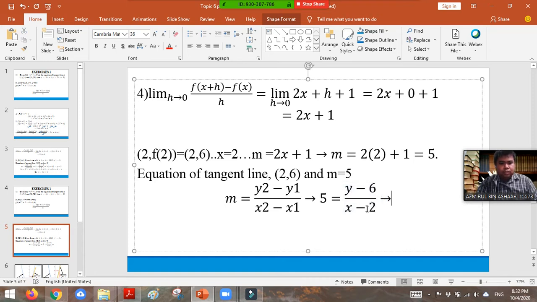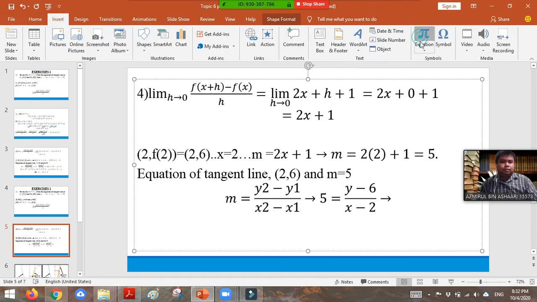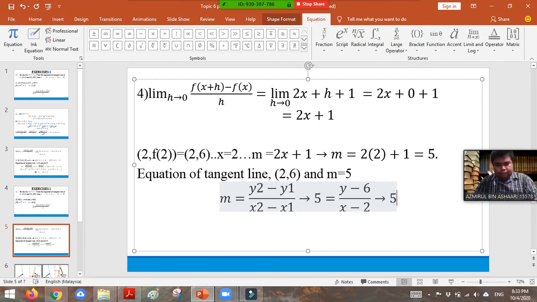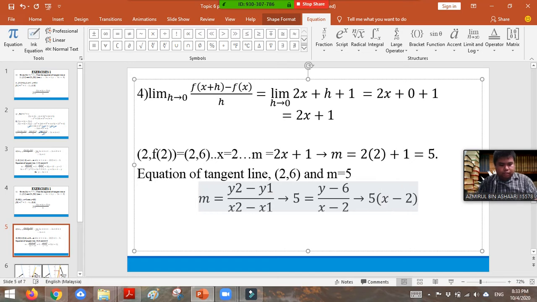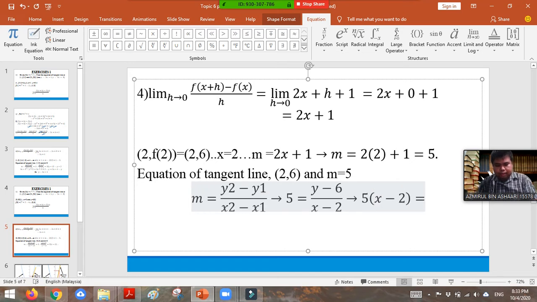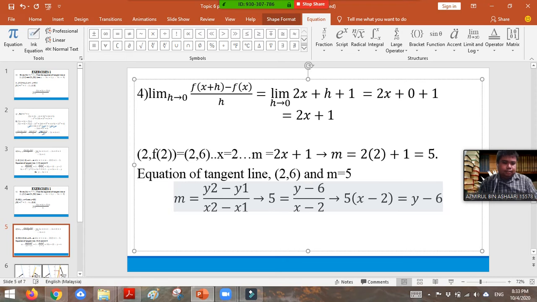So I will move x minus 2 to the left side. It becomes 5 times (x minus 2) equal to y minus 6.